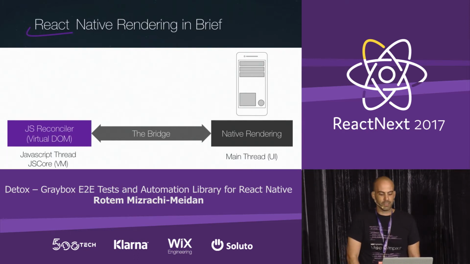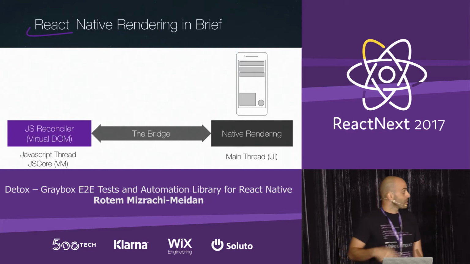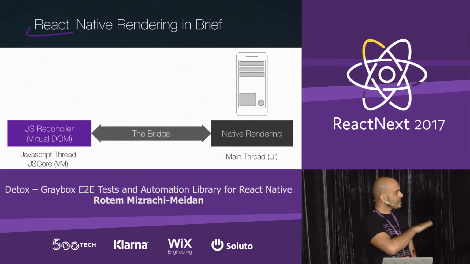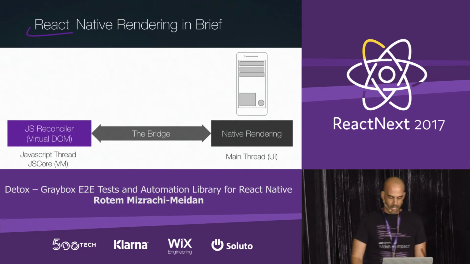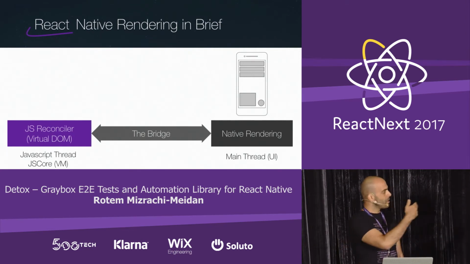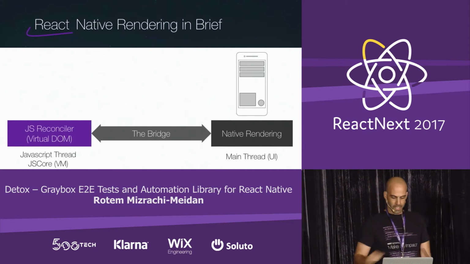Its UI rendering starts with a virtual DOM on the JavaScript thread, where all the JavaScript logic is executed, of course, which is then passed over an asynchronous bridge and is translated into native views through the UI manager. And then the main thread renders everything on the screen.